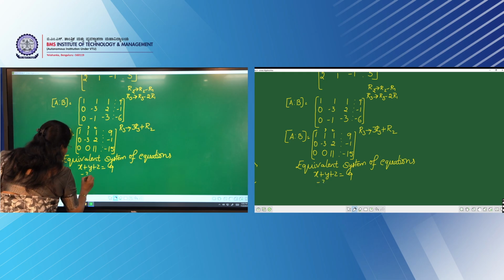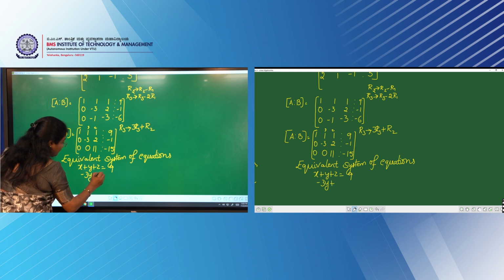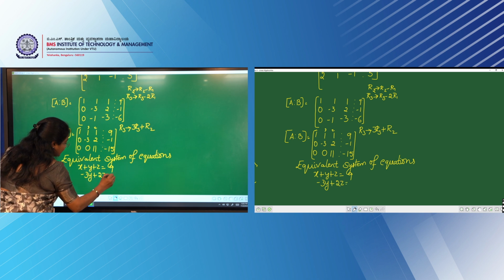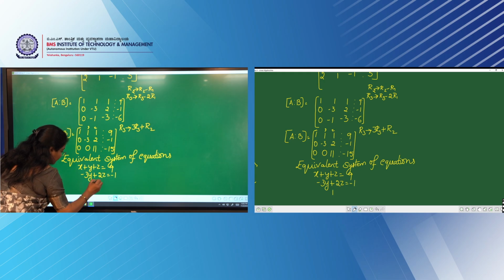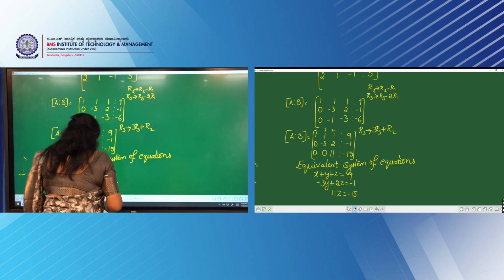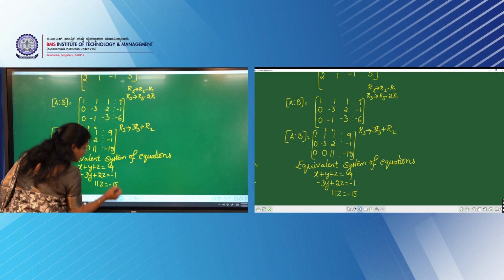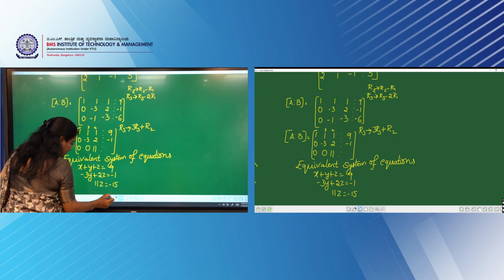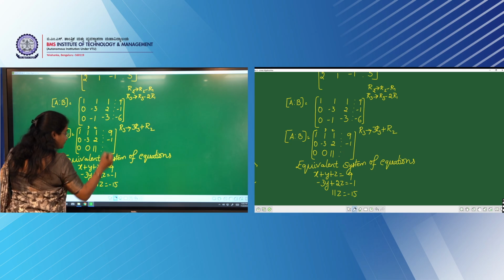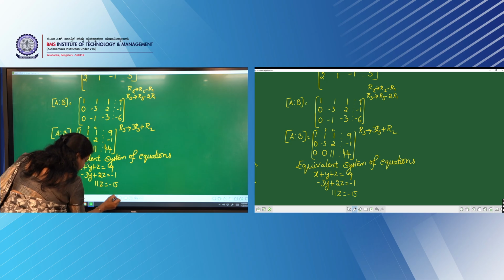Minus 3y plus 2z is equal to minus 1. 11z is equal to minus 15. So now, 3 nines are 45, just a mistake here. So this becomes 44, and here this also becomes 44.